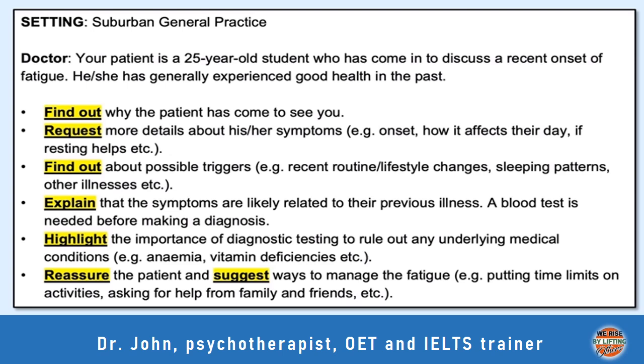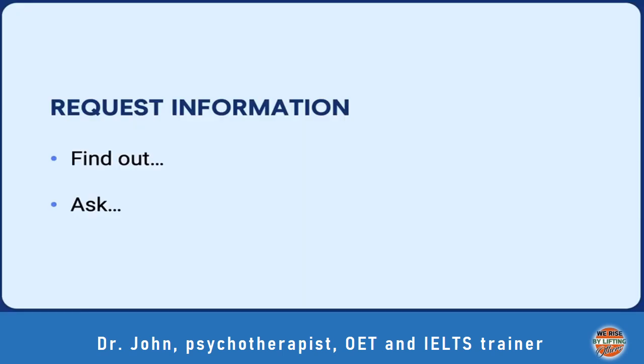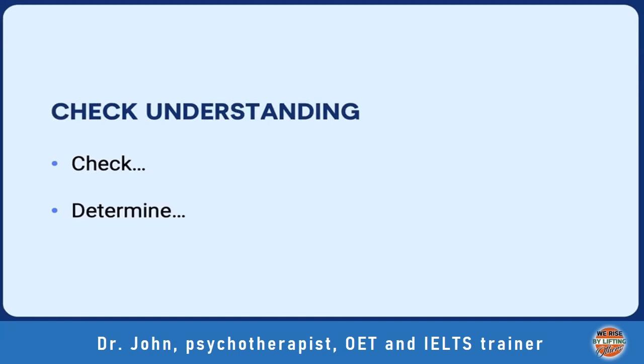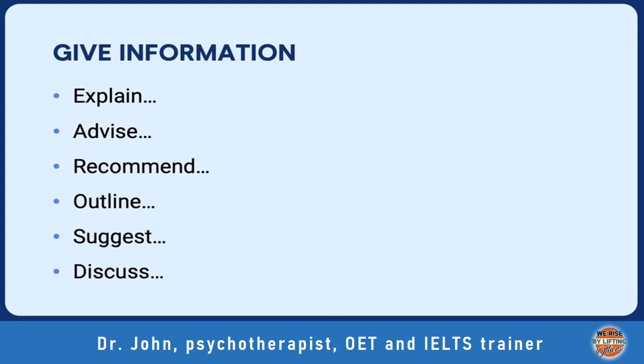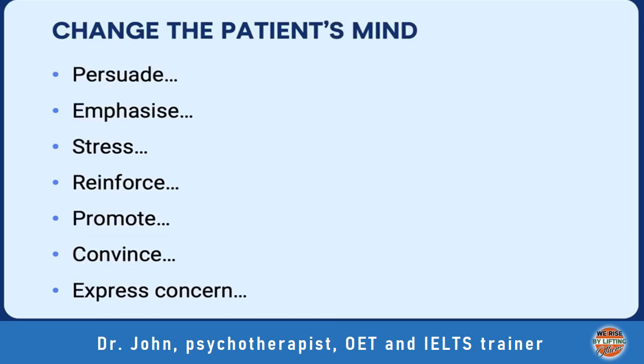So just to summarize, on your role play card will be tasks, and these tasks have key functions indicated by key verbs. You might have to request information as indicated by the verbs find out or ask. You might have to check understanding as indicated by the verbs check or determine. You might have to give information as indicated by the verbs explain, advise, recommend, outline, suggest, and discuss.